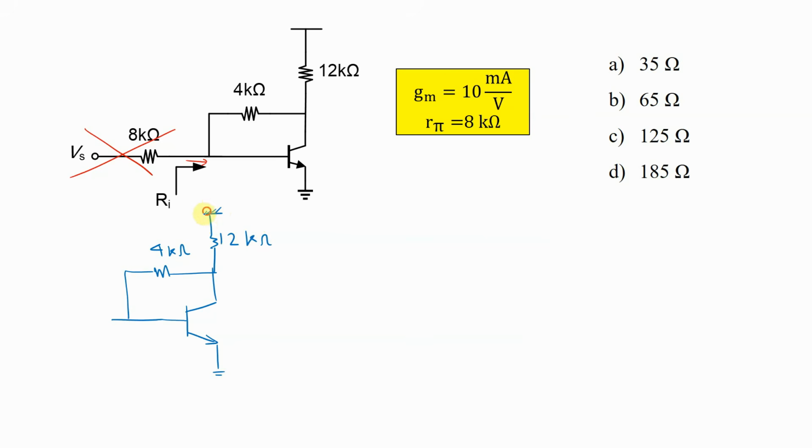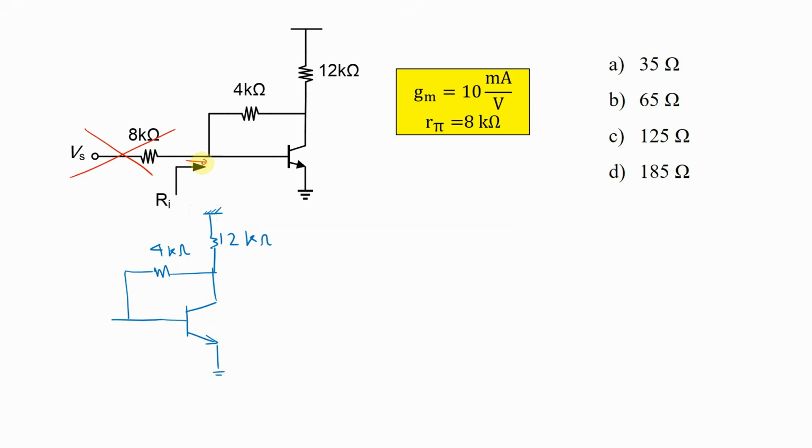VDD is going to be short circuited, because in AC calculations relating to the resistance, the independent sources are treated this way: if there is a voltage source, it's going to be a short circuit to the ground, and if there is a current source, it's going to be an open circuit.